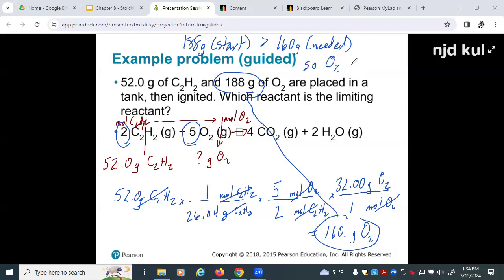So oxygen is excess. If oxygen is excess, that means that the acetylene, the C2H2, is the limiting reactant. LR and XS are common abbreviations that we can use to mark the limiting reactant, LR, and the excess reagent, XS.